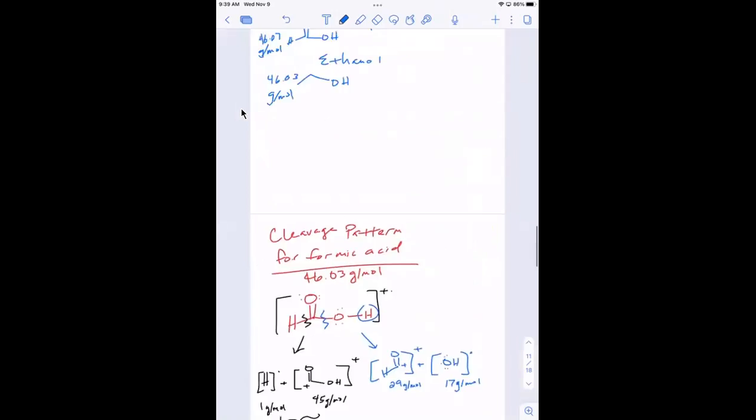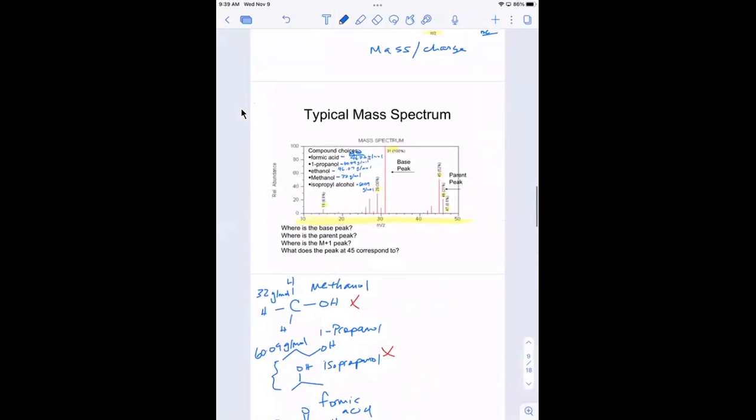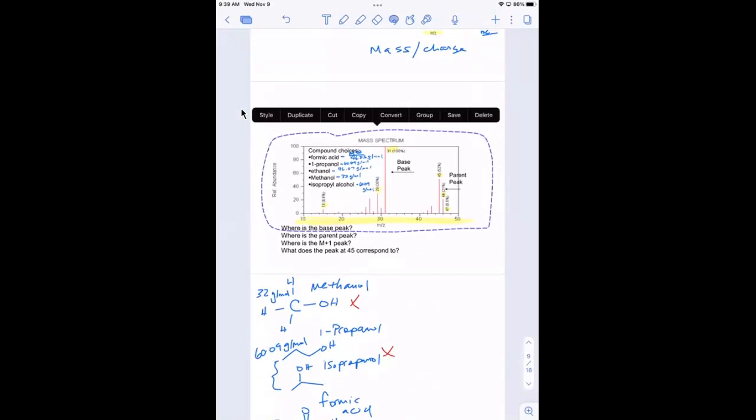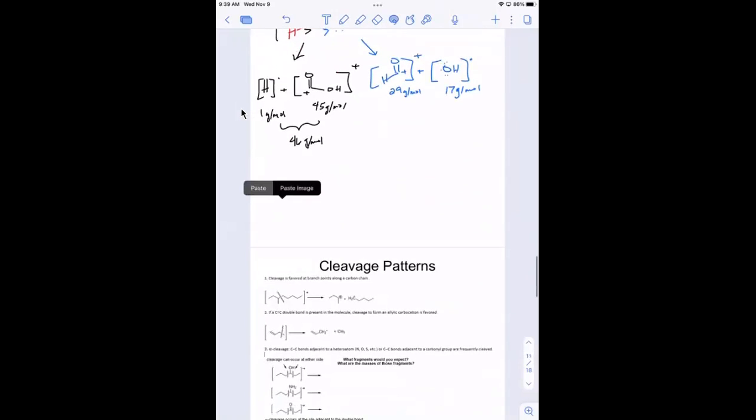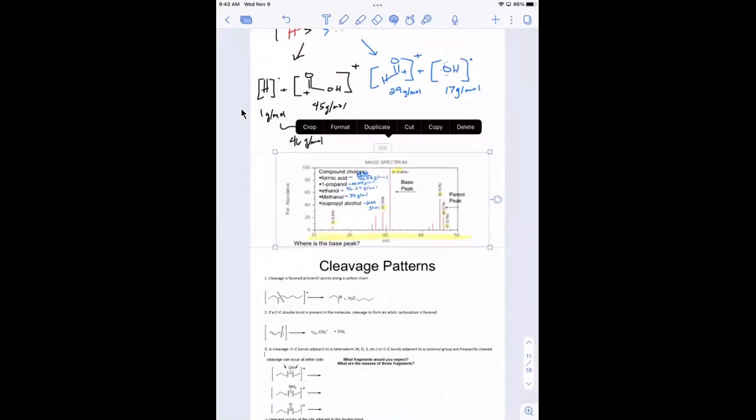All right. So let's look at the spectrum. I'm going to copy this and stick it down here. Now, when these fragments happen, again, everything has to match.